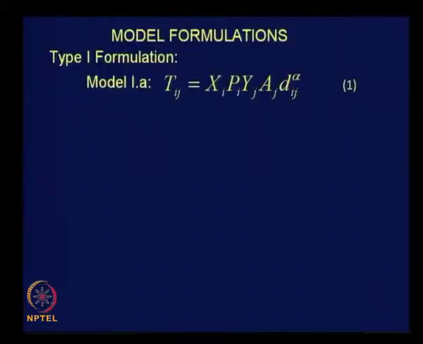Since it is a demonstration project, we wanted to show the result of both the types of gravity models, doubly constrained as well as singly constrained. Singly constrained gravity model of only one type was used, and here type 1 formulation shown as model 1A is a doubly constrained gravity model, right, and the Fij formulation given here is Dij raised to power alpha, okay, expressed as a function of travel time or travel distance.